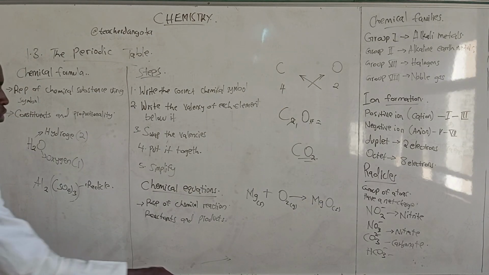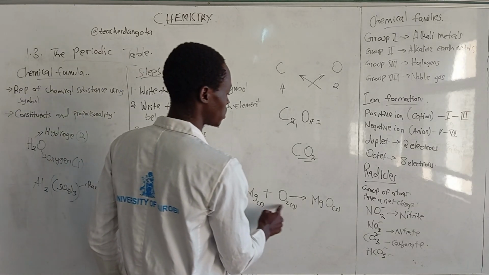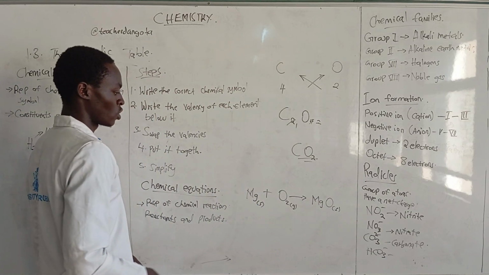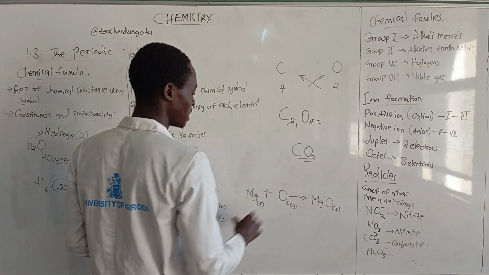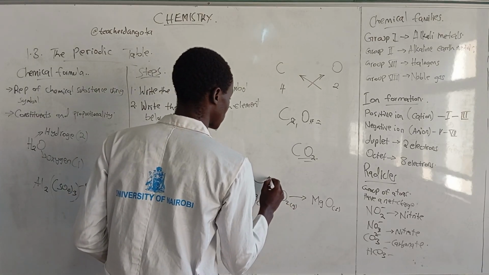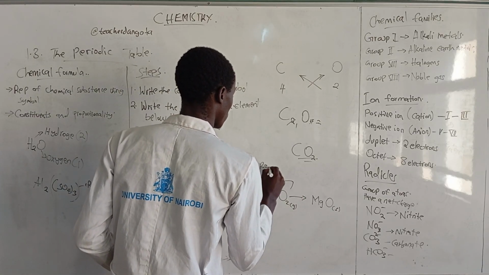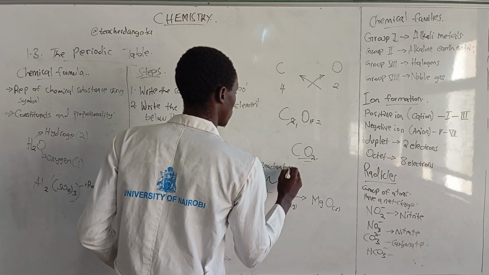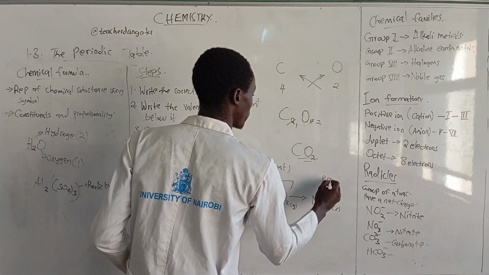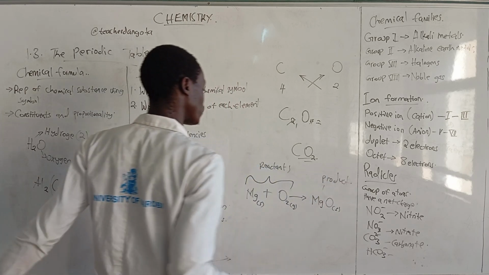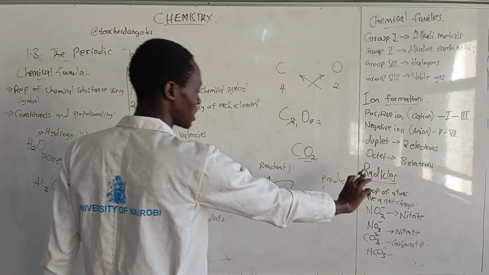Here, the magnesium and the oxygen are the reactants, and this that we have here is the product. So on your left, you are having the reactants, on your right, you are having the product.